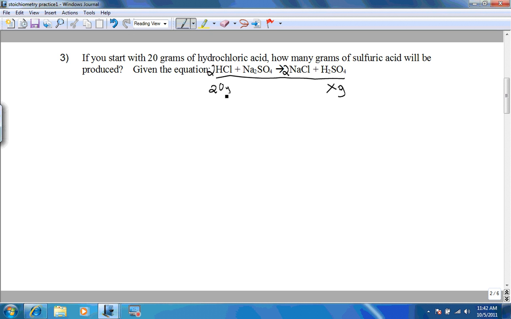So, in order to go from one compound to another compound, you have to get it in moles first. So that means we need to go grams to moles of HCl before we do anything else. In order to do that, you have to find the molar mass of HCl. That's 1 hydrogen and 1 chlorine.